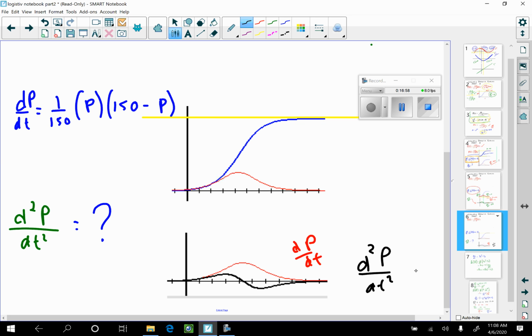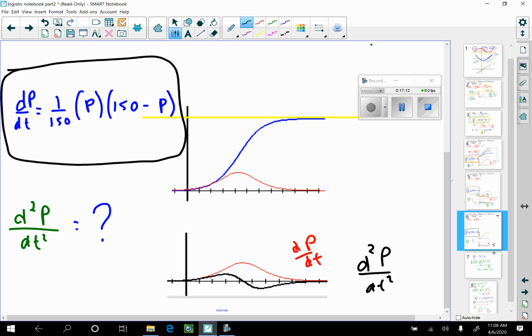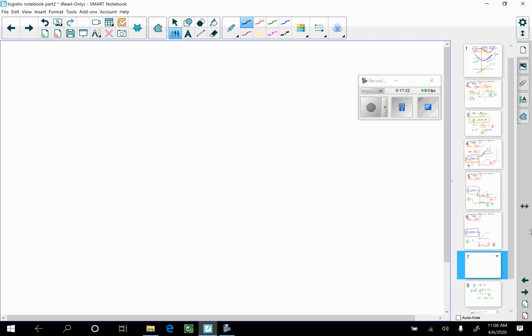And now, on my first video, I made a slight error on taking this derivative, and I wanted to fix that error up right now. Before I can tell you how to fix that error, I'm going to have to review implicit differentiation. So I'm going to insert a blank page here. Okay.